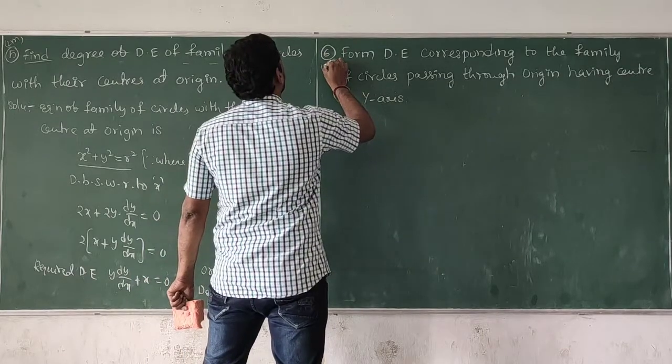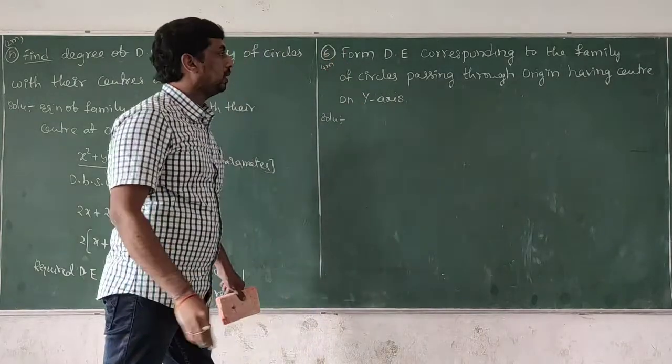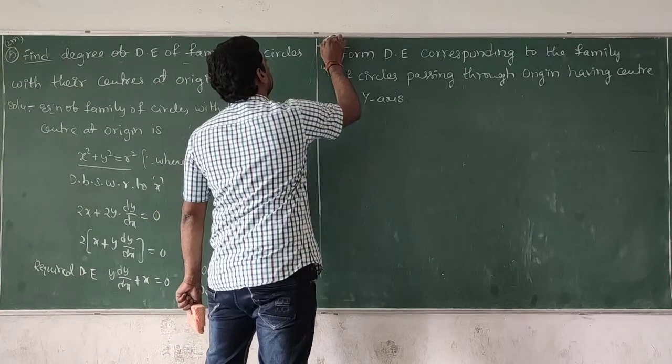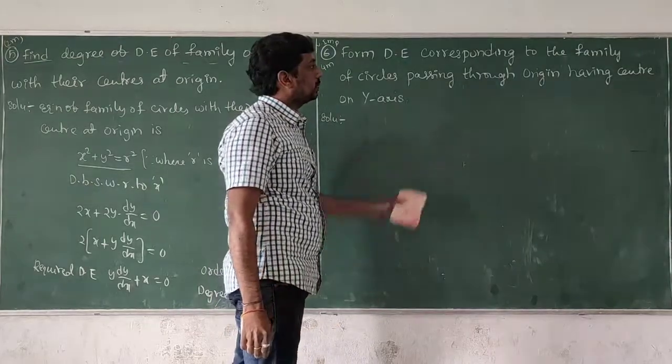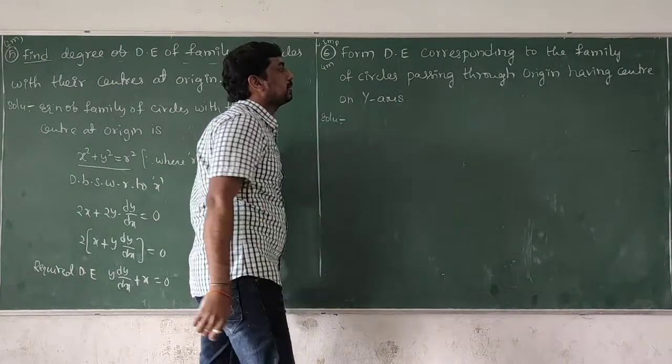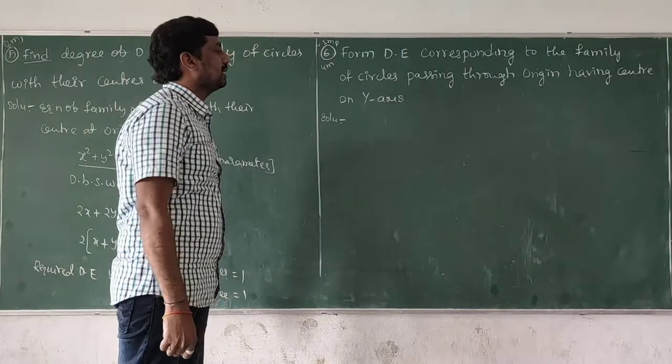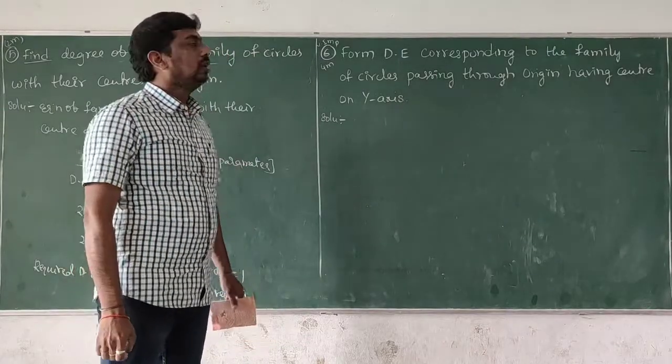This one is important for 4 marks. Very, very important. Form the differential equation corresponding to the family of circles passing through the origin having center on the y-axis.